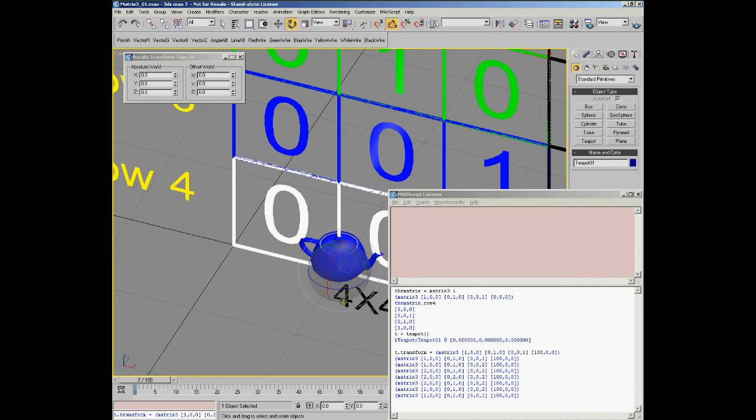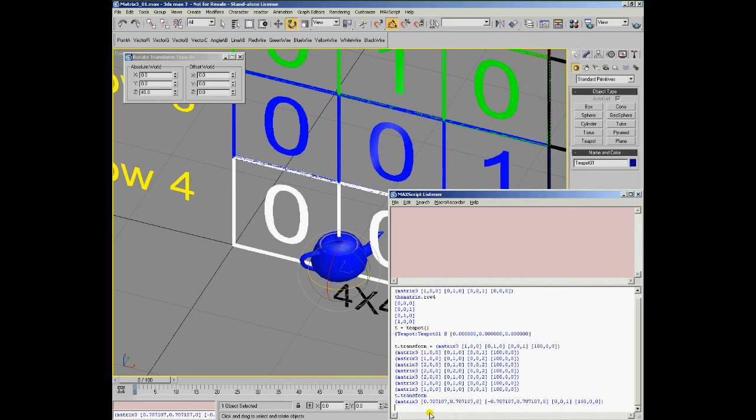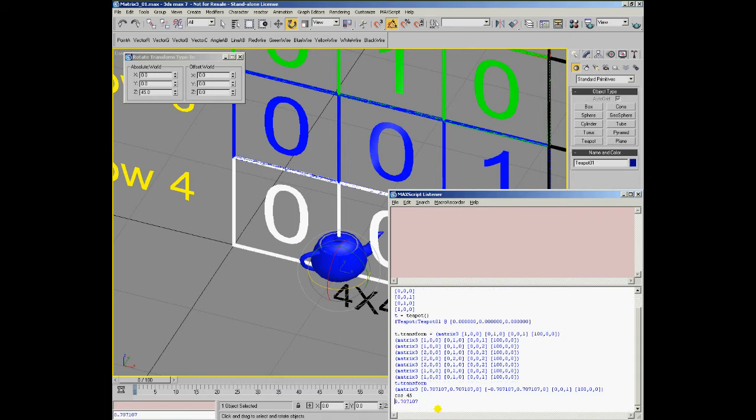If we would rotate the object to 45 degrees about the z-axis and take a look at its transformation matrix at this point, we'll note that the x and y contain familiar values, which are the cosine of 45 degrees and the sine of 45 degrees. Both have the same value.